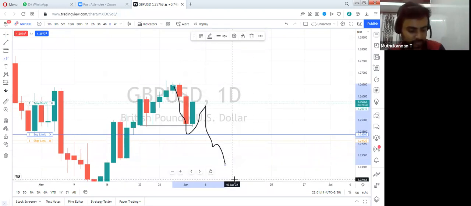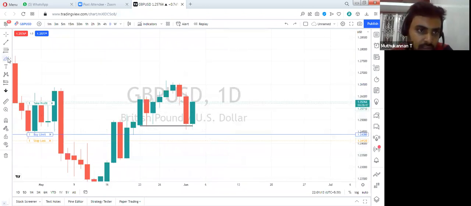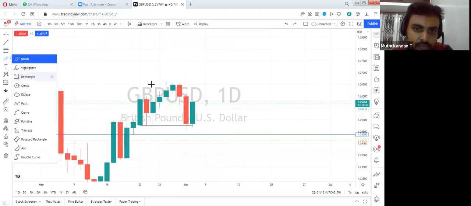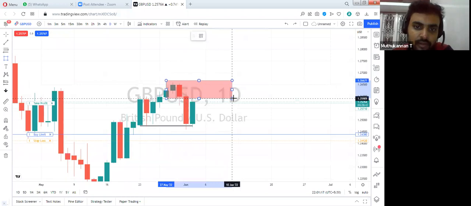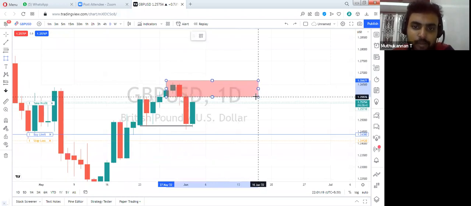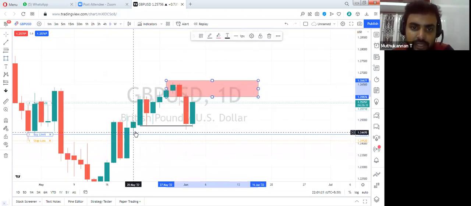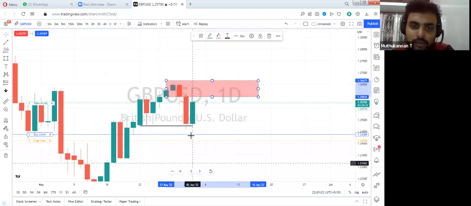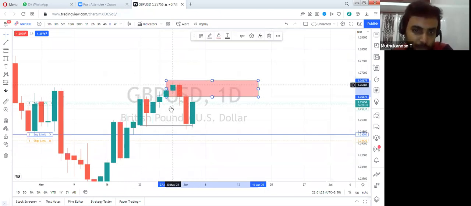So I'll be looking for a selling option from here first, because it's a rally base drop. It is not a proper one, but for example's sake I'm saying it.